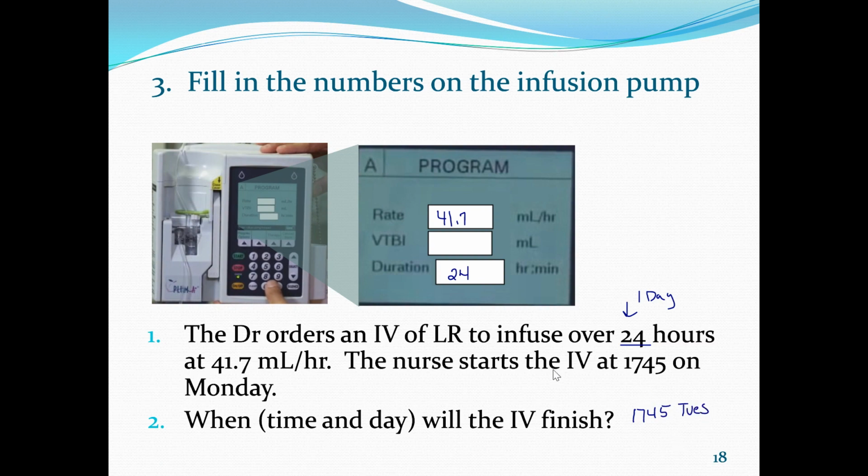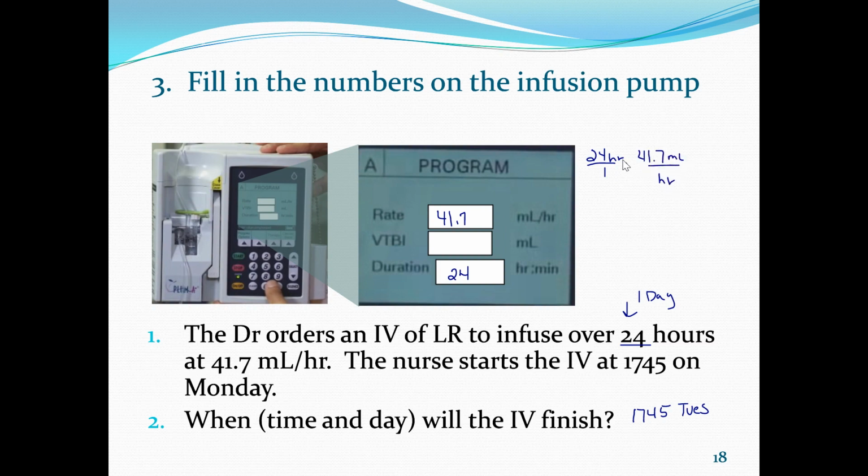But I really skipped over where I have to do the math, and that is the volume to be infused is not given. Well, let's think it through. What do I know about this? Well, the first thing that I knew was that this is running for 24 hours. The second thing I knew is that it was going to infuse 41.7 milliliters in an hour.